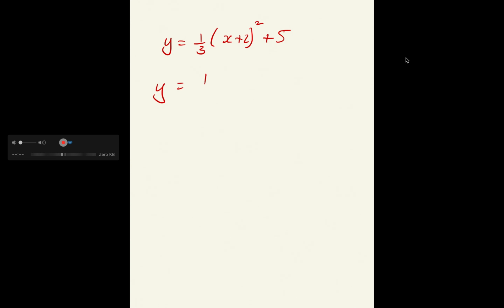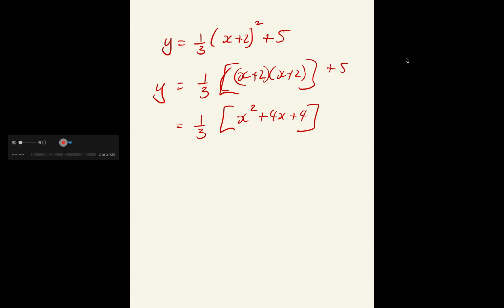y equals 1/3, square bracket, (x plus 2) times by (x plus 2), plus 5. y equals 1/3. In here should be x squared plus 4x plus 4, plus 5. So that would be 1/3 x squared plus 4/3 x plus 4/3, because that's expanding here, and then put on the plus 5 at the end.